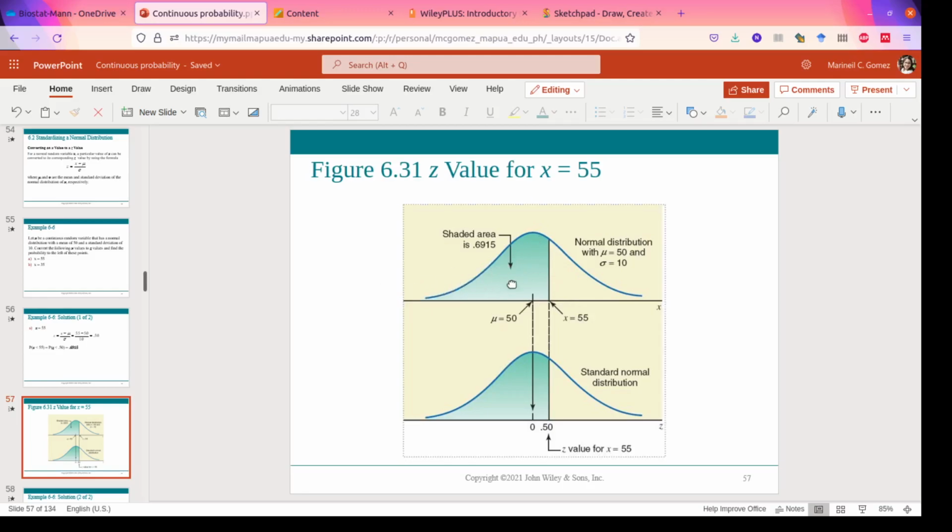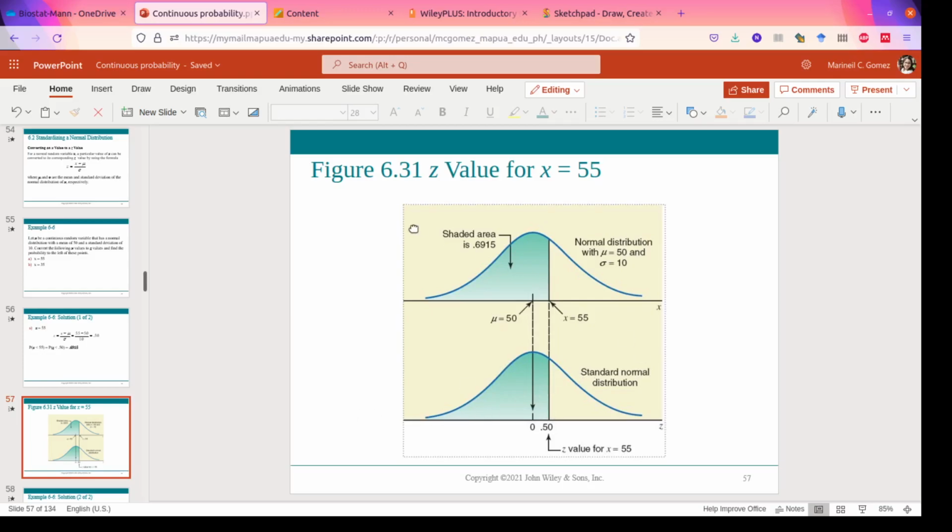Because this curve extends to infinity, that's why we have the standard normal distribution: the areas beneath the curve have already been calculated and are in the table. So we no longer need to calculate this manually. We just convert x: if 0 is the 50, then x of 55 becomes 0.5. Then from the table, we get the area from 0.5 to the left.